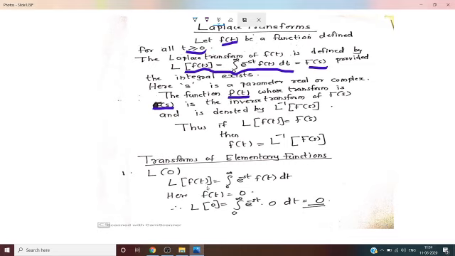L of 0 equal to integral 0 to infinity e raised to minus st into 0 dt. What is this integral? That is equal to 0, which means the value of the integral is 0.